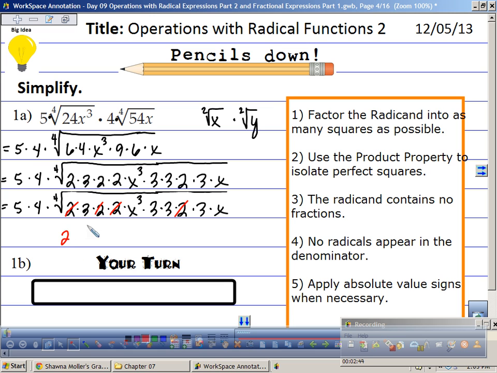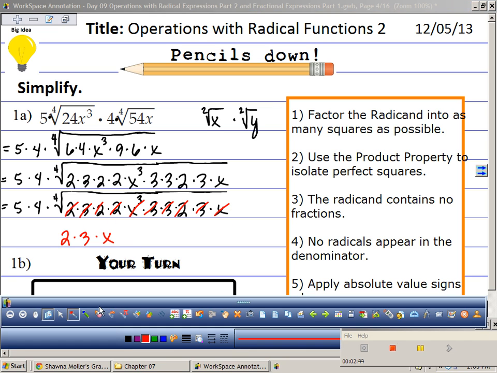Yes. So I've got a 2 that came out. 1, 2, 3, 4 3s. And x cubed times x is x to the 4th, so an x comes out. There is nothing left in here. What is 5 times 4 times 2 times 3 times x?